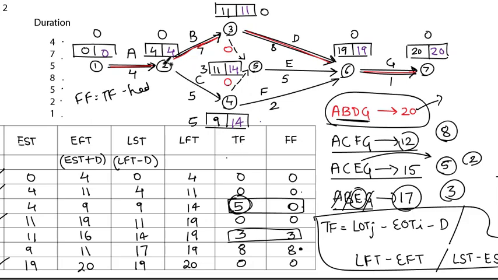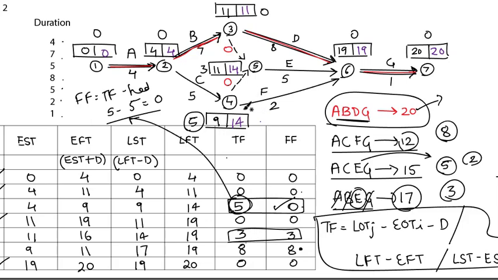C is going from 2 to 4, 2 is the tail, 4 is the head, and the head's slack is 14 minus 9, that is 5. So total float is 5, this 5 minus head event's slack 5, so free float will be 0 for C. Got it? Similarly, let's check it out for E.